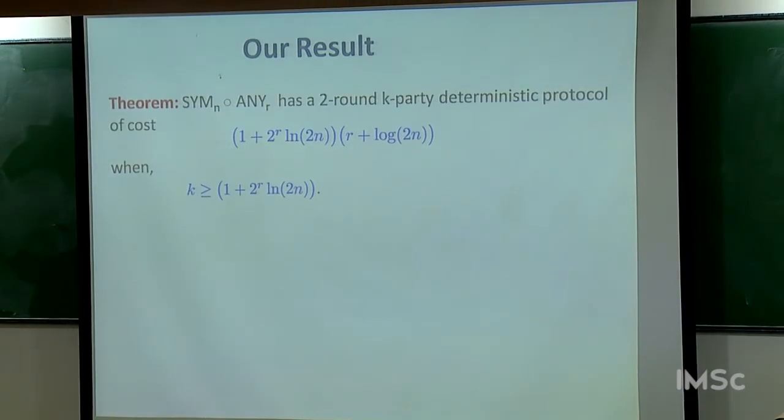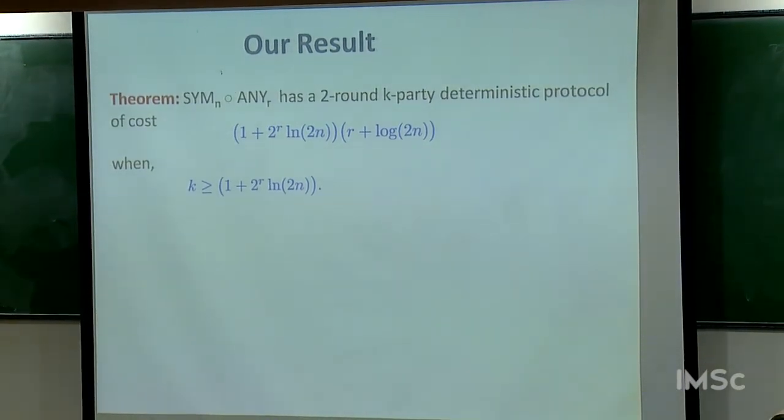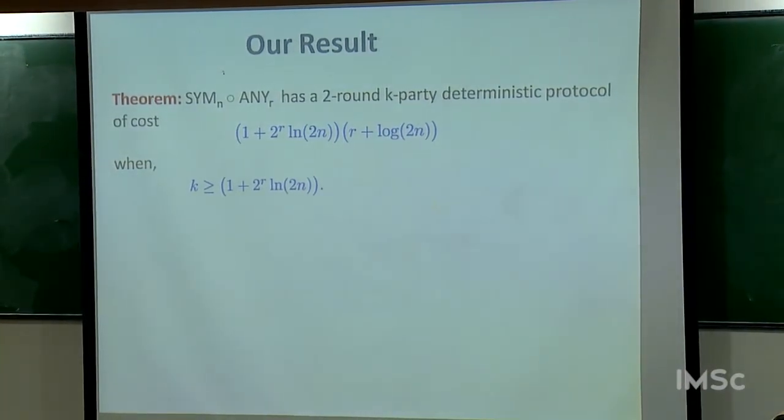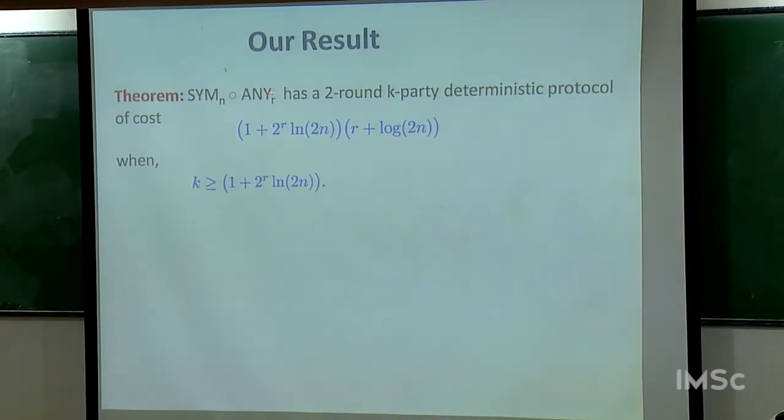So our result here is that if you have any inner function on R columns, it does not have a simultaneous protocol, we still don't know, but it has a 2-round k-party deterministic protocol. So the interaction is very mild, of this much cost. This is a little bit of a mouthful, so let me say what it means.